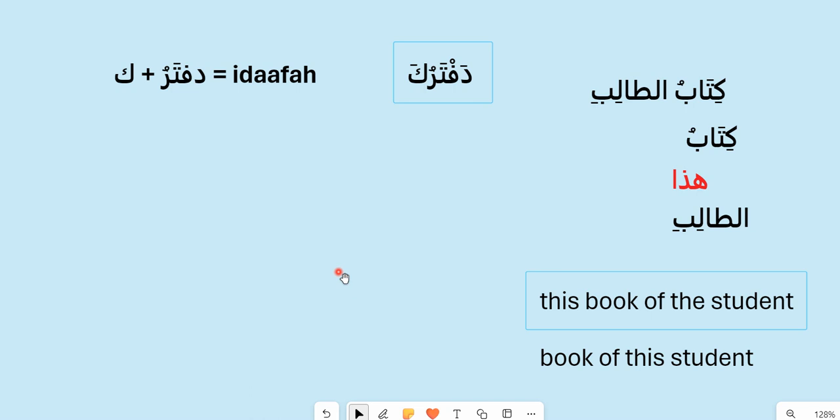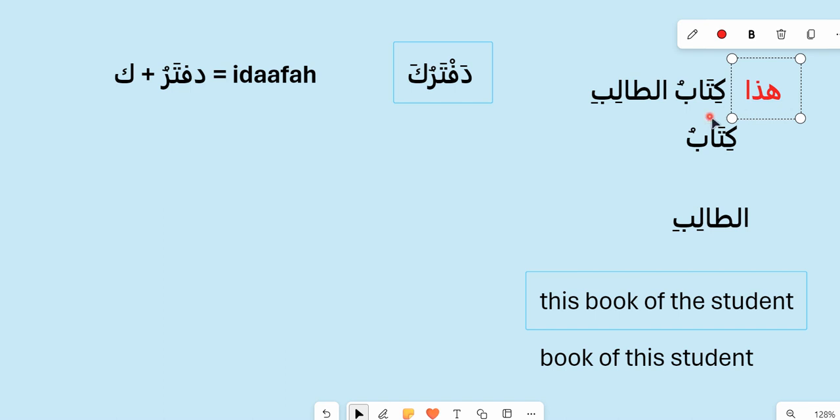Whenever ism ishara comes with the idafa, you cannot simply add ism ishara in front of an idafa. There are special rules when ism ishara comes, and when you want to use this ism ishara with the mudaf, it has a different rule, and with the mudaf ilayhi, it has a different rule.